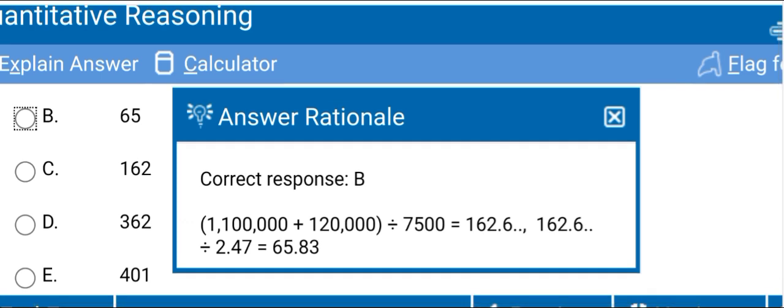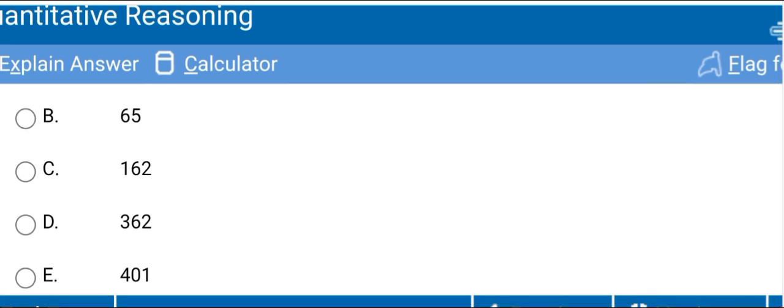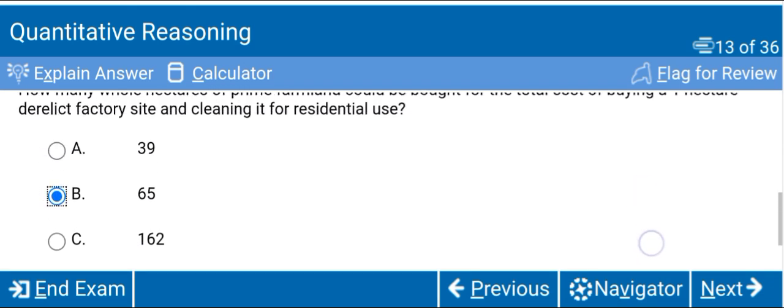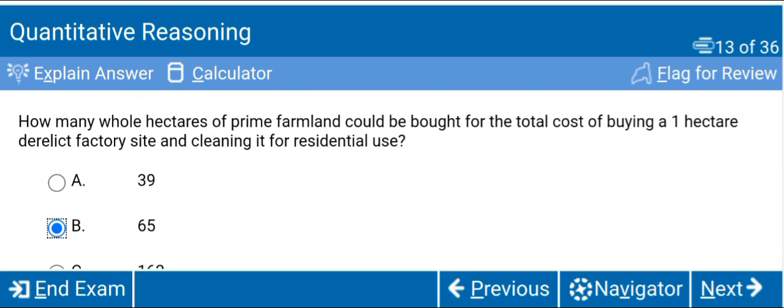So this is nearest to option B, which is 65. That's how we have a correct response is option B. 65 is the whole hectares of prime farmland that could be bought for the total cost of buying a 1 hectare derelict factory site and cleaning it for residential use.